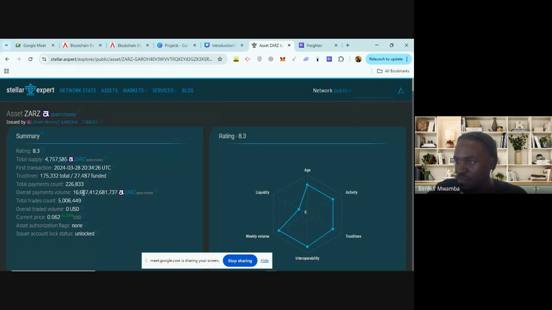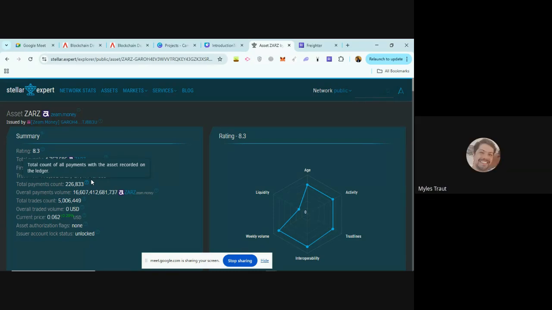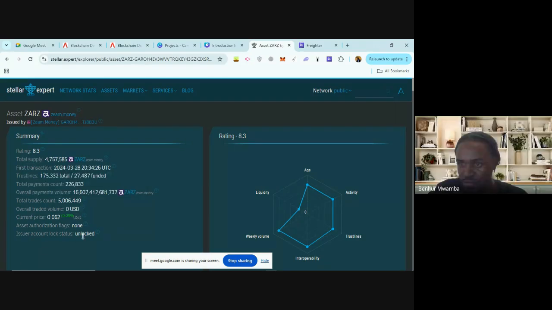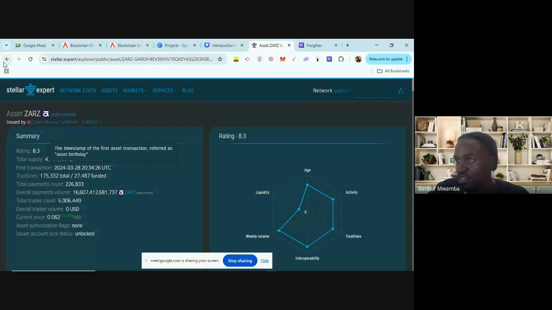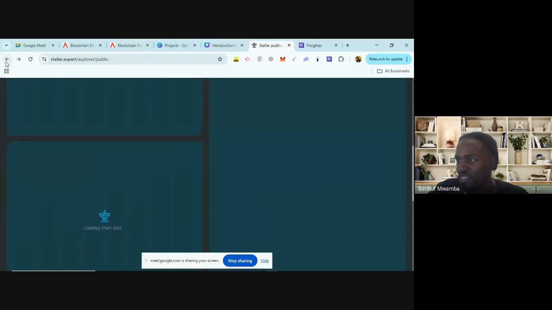You see the total payment count. You see the volume and all that. So anybody can have their own token. You can also create one.